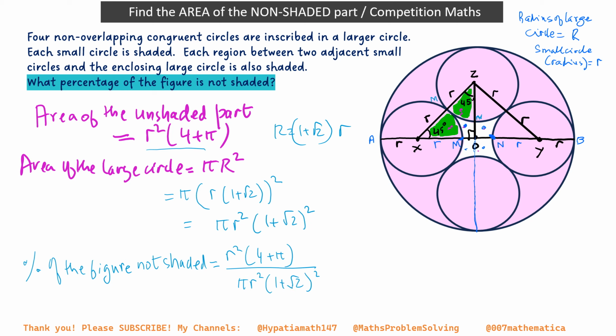Because we have to express it as a percentage with this unfriendly looking, irrational number, we have to use the calculator and we can take the r square off, so we get 4 plus pi, which is quite neat. But to find the percentage, we have to multiply it by 100, and then 1 plus root 2 square and multiply it by 100.